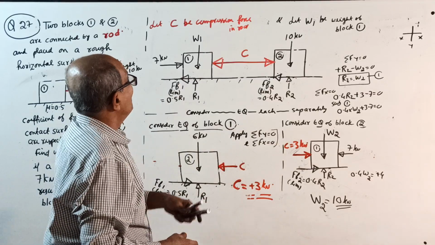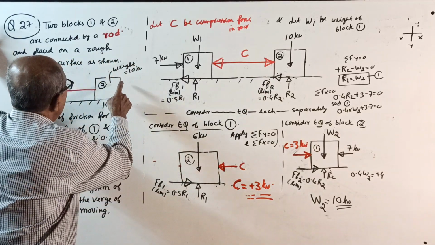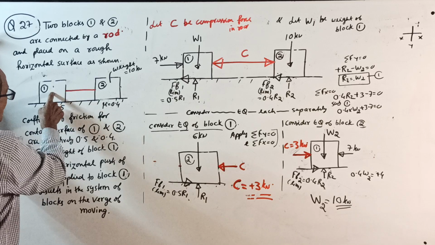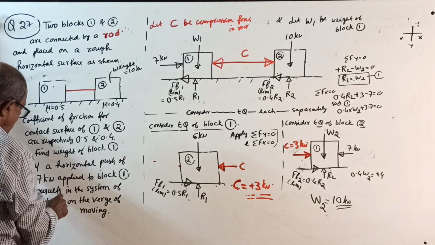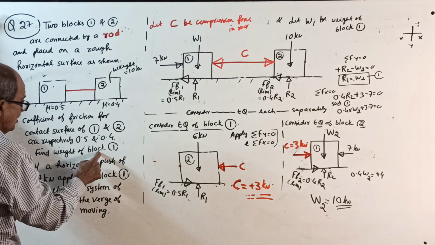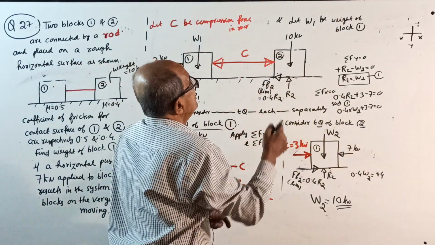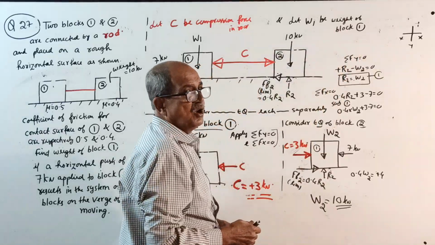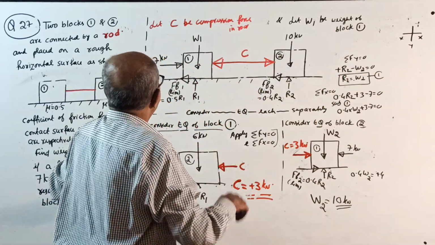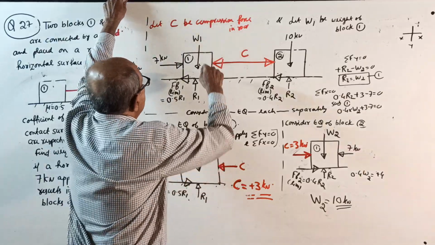Okay, now see. Because weight of block B given. See here. Weight of block 1, they want you to find. Okay, now. See, let W1 be the weight of block 1. Now, see, block 1 unknowns.